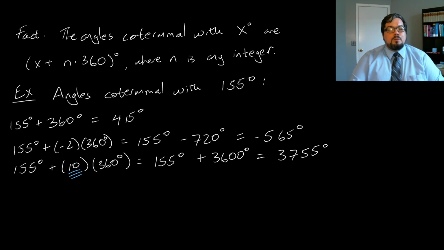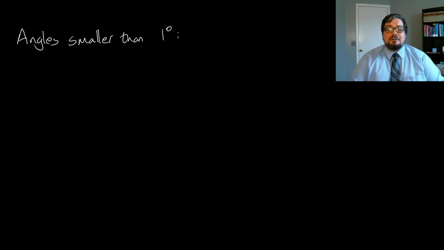Now, when we want to talk about angles that aren't exactly a number of degrees, or we want to talk about angles that are smaller than a single degree, we have a couple of different options. So if we want angles smaller than 1 degree, the standard option and the best one generally to use is to use decimals.